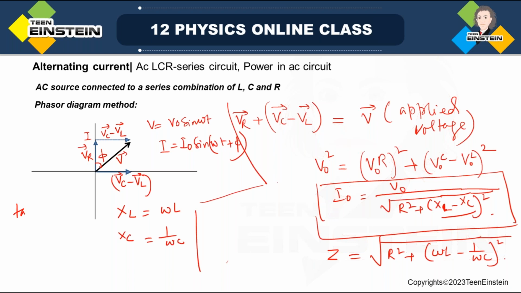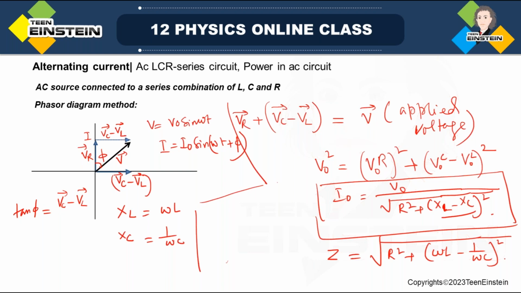So tan phi is equal to perpendicular by base, and this is the hypotenuse, this is the base, this is the perpendicular. If I write in terms of vectors, it is VC minus VL divided by VR.